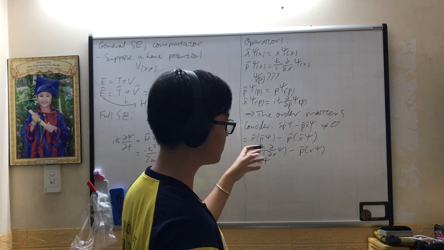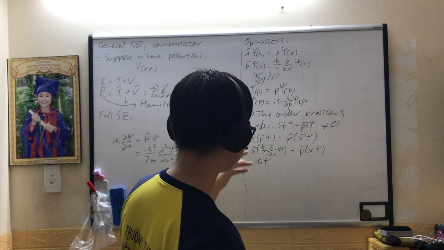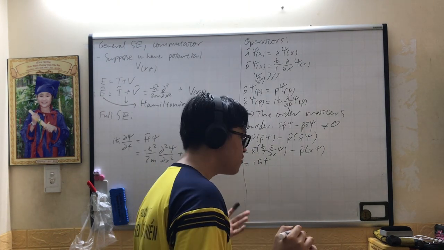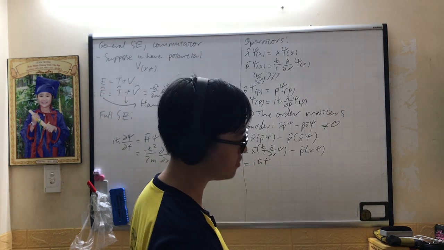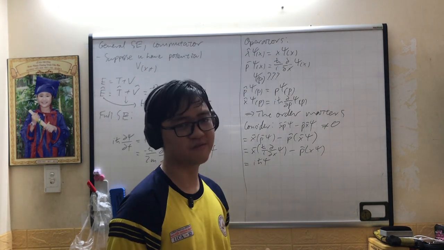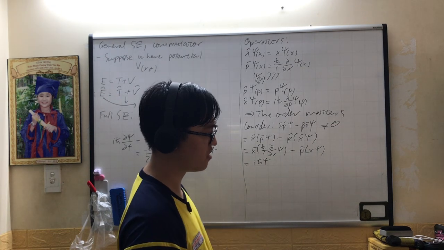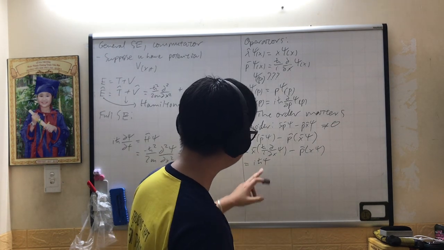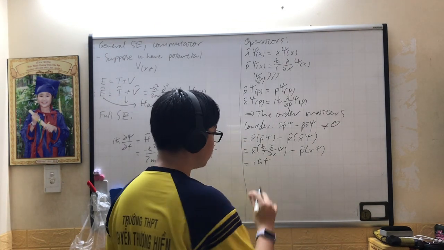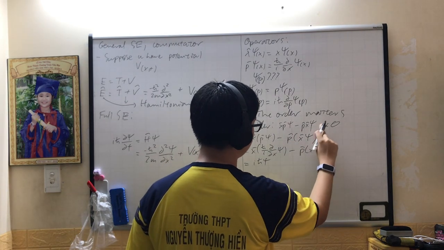The expansion itself is not hard, but it might be confusing to do it for the first or second time. It is still confusing for me to do it because I don't know why. But ultimately, you would get iħ bar on psi from this.